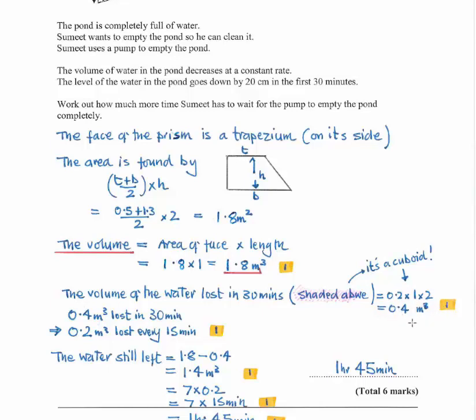30 minutes, and 1.8 cubic meters was in the tank to start with. And now we need to work out how much longer it will take for the rest of the water to go. So 0.4 cubic meters lost in 30 minutes means that 0.2 cubic meters will be lost every 15 minutes. Now, there was 1.8 cubic meters in the tank, but 0.4 has gone. So now there's only 1.4 cubic meters left in the tank.